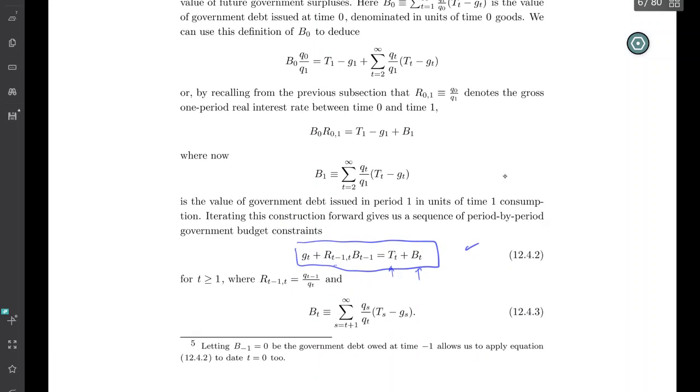And what is BT? This is beautiful. Government debt is just defined here as the present value of future surpluses. This is a key equation, which says that high government debt today signals that in present value there are going to be surpluses tomorrow.